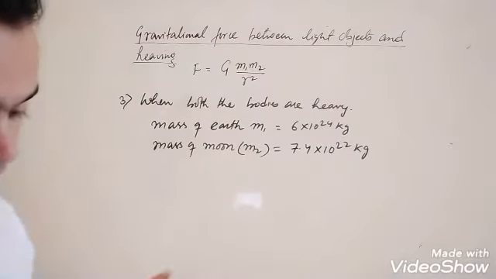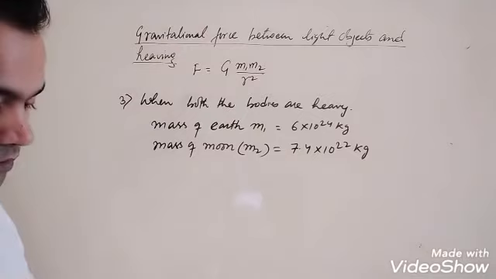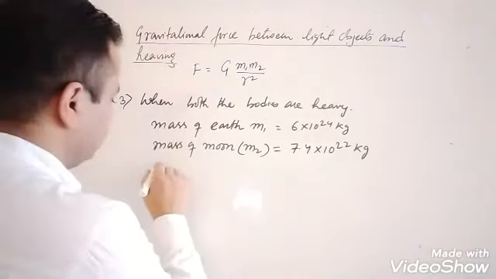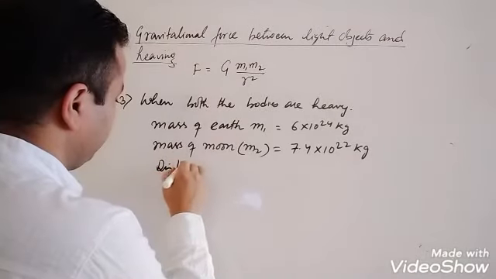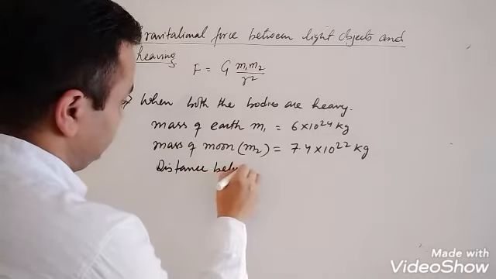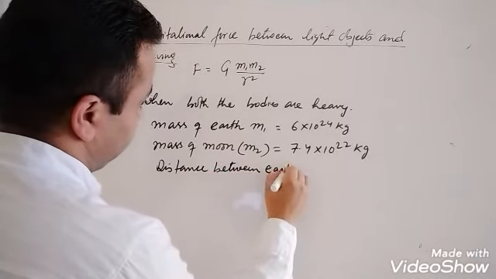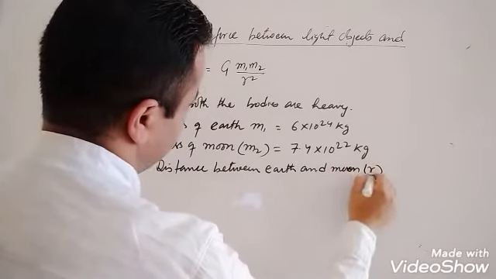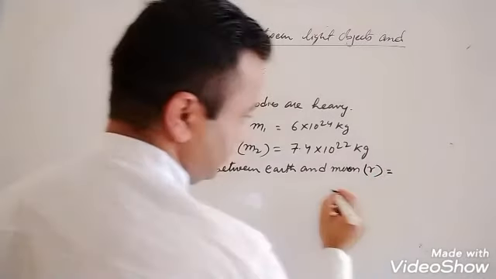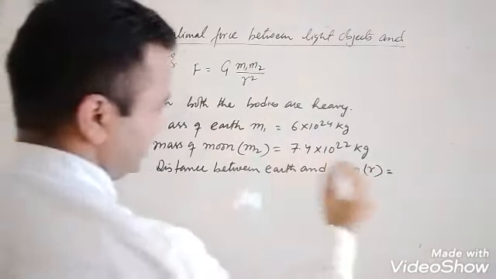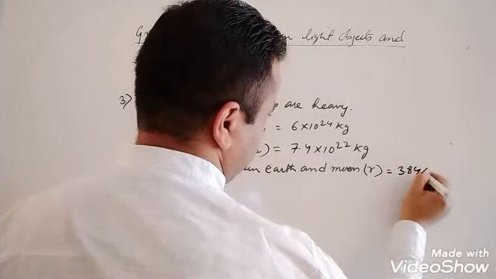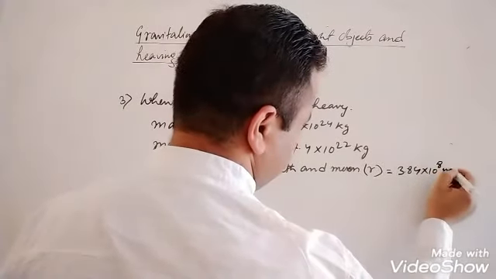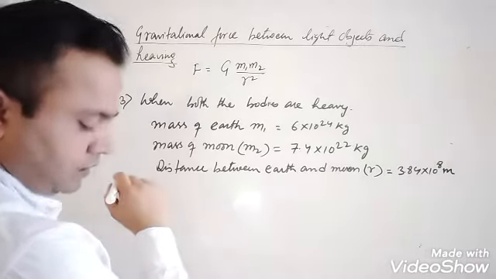So what is the value? Distance between Earth and Moon is 3.84 into 10 to the power 8 meter. We have to remember all these values. Distance between Earth and Moon, represented by R, equals 3.84 into 10 to the power 8 meter.